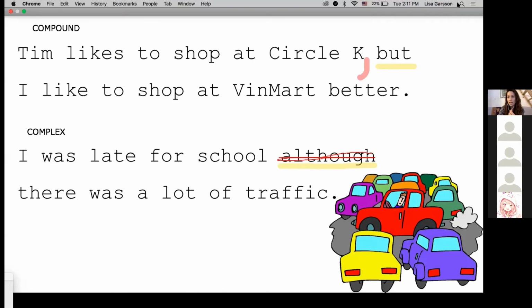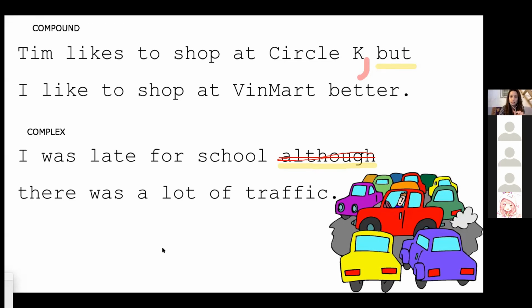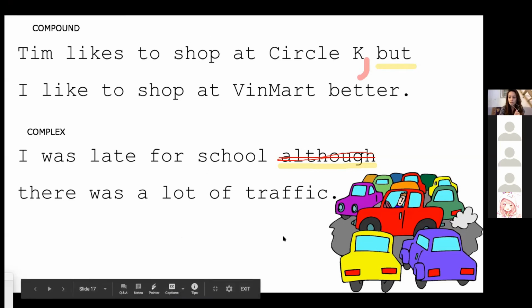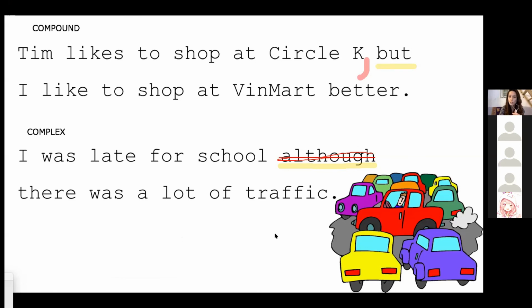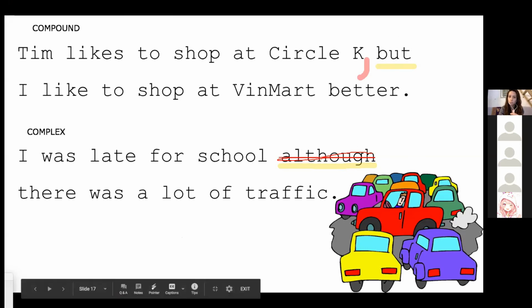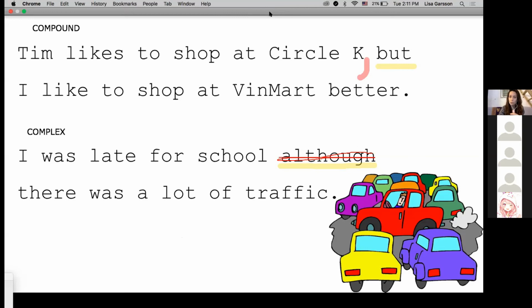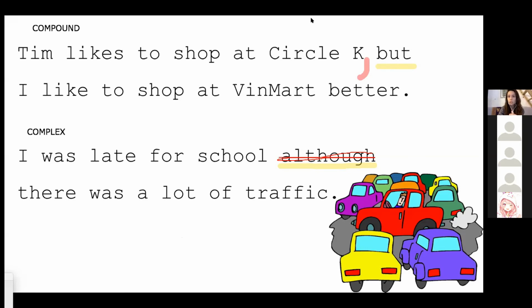And everyone else, you can be typing this into the chat. What's a better subordinating conjunction that we can use in this sentence? Why was I late for school? Because there was a lot of traffic. So a better word choice would be because. I was late for school because there was a lot of traffic.